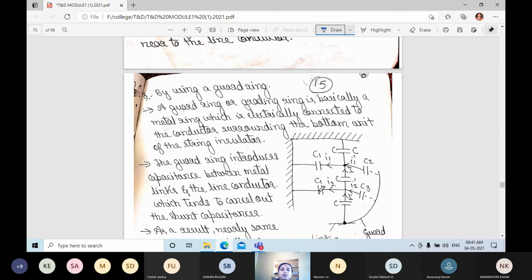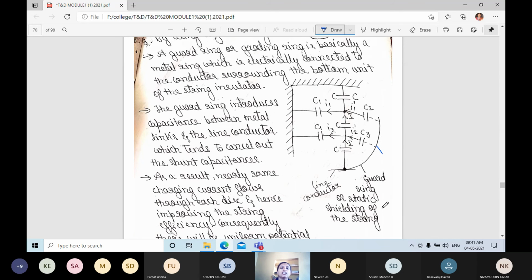You can observe here, this is the guard ring. The guard ring introduces capacitance between the metal links and the line conductor, which tends to cancel out the shunt capacitance. Shunt capacitance is cancelled due to the guard ring.